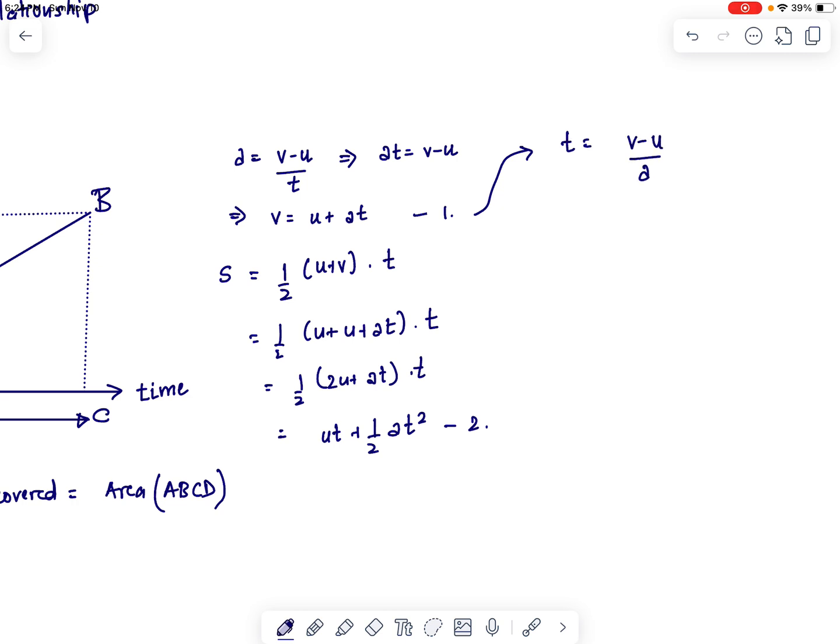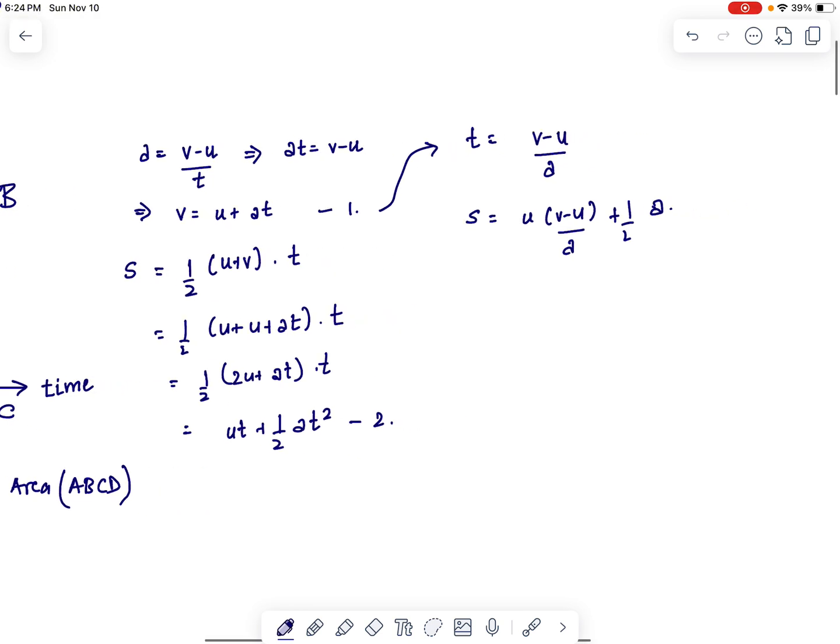If we take this expression and plug it into equation 2, we get s equals u times (v minus u) divided by a, plus half a times (v minus u) squared divided by a squared.